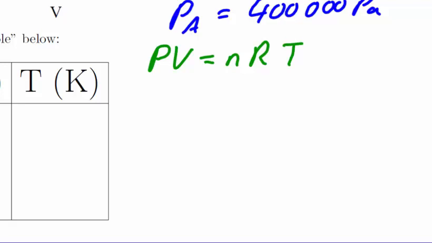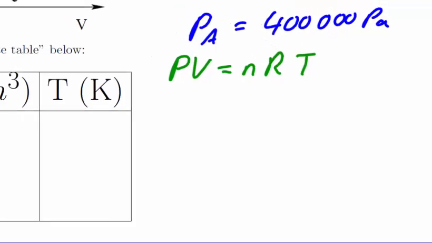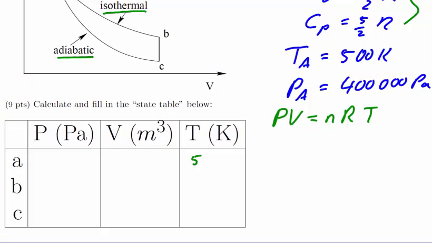At point A, we're already given 2 of these values, stating that the temperature is 500 Kelvin and that the pressure is 400,000 pascals. Since we have 2 out of the 3 quantities in the first row for point A, we'll be able to solve the ideal gas law for the volume, giving us V equals nRT over P, and we can simply plug in our values in order to get the volume at point A.